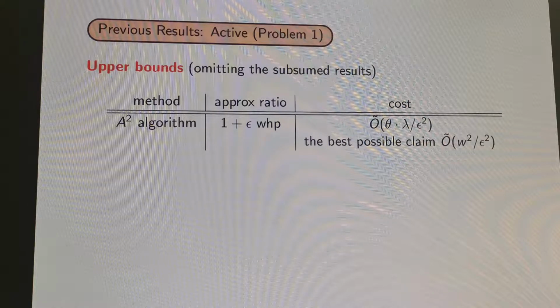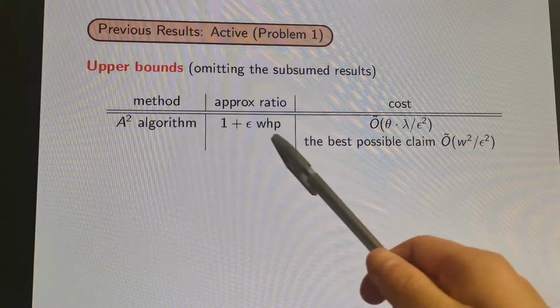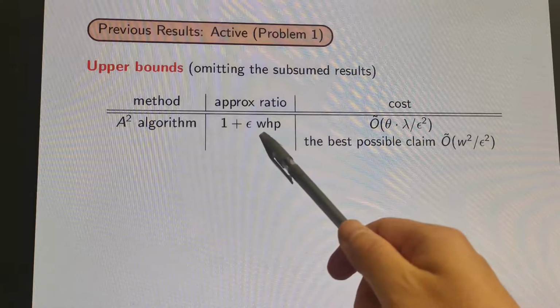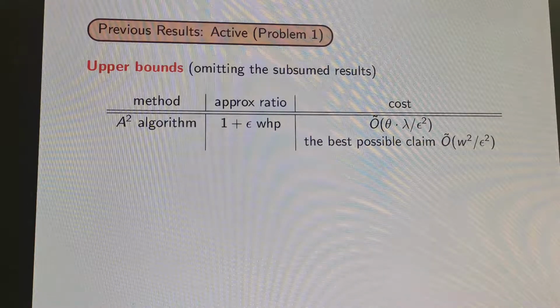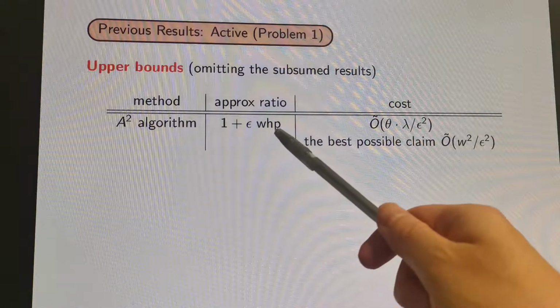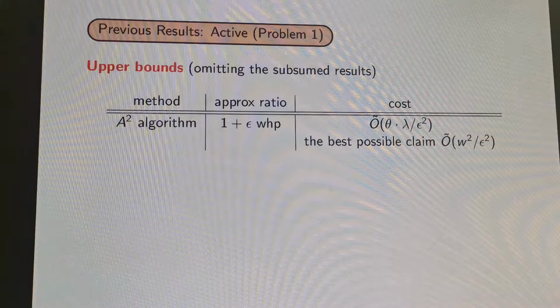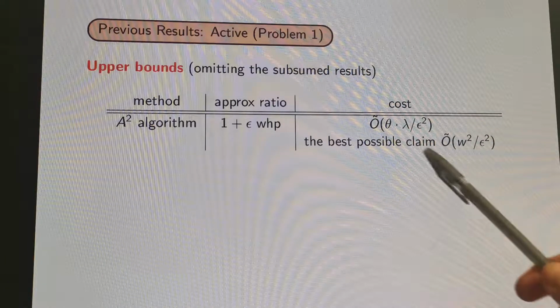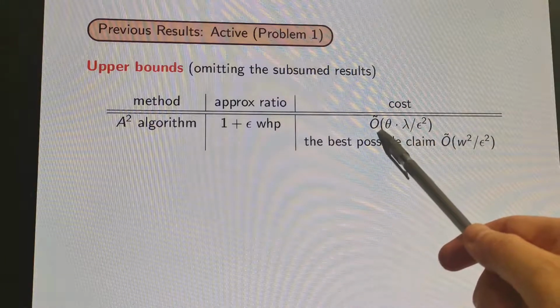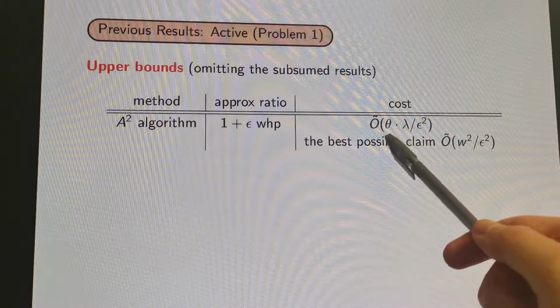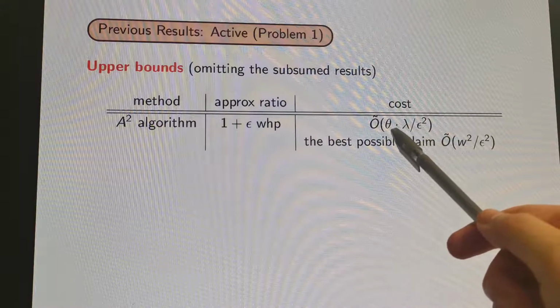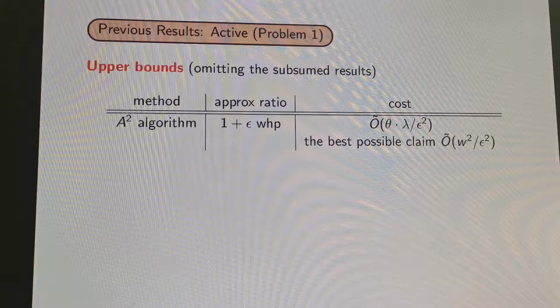In our context, if you want to achieve this approximation ratio 1 plus epsilon, by the way, this is a randomized algorithm, and it achieves this approximation ratio with high probability. The cost, the number of points that you have to probe, is given by this. Theta here is the so-called disagreement coefficient of the input set, and this lambda here is the VC dimension.